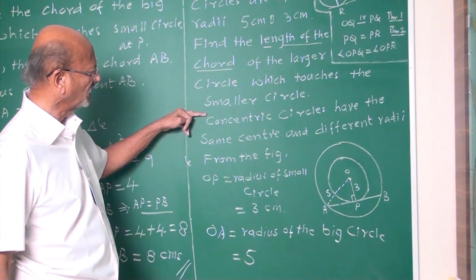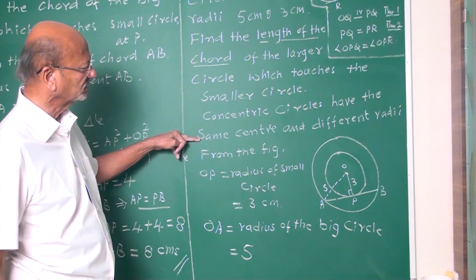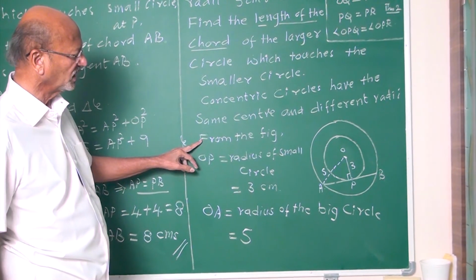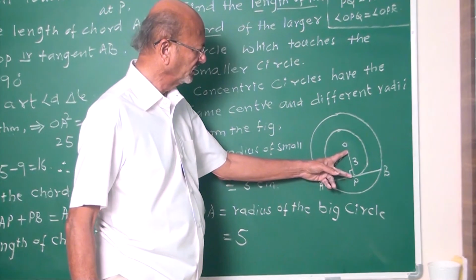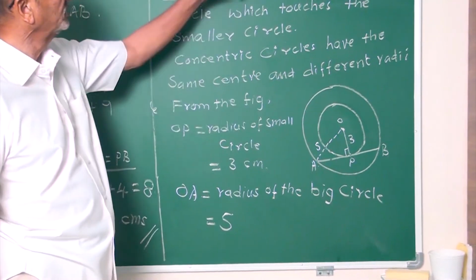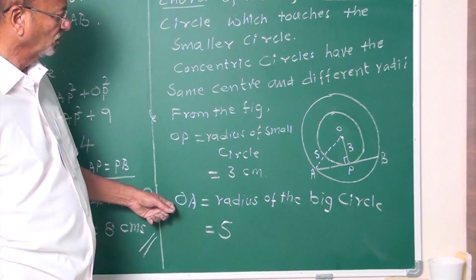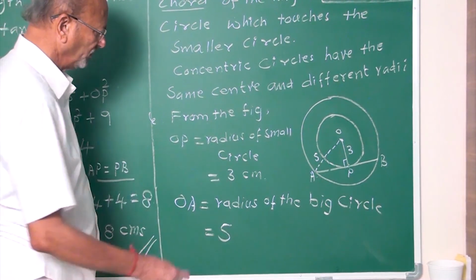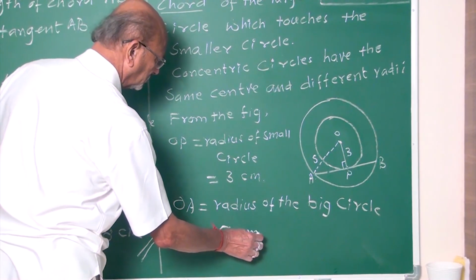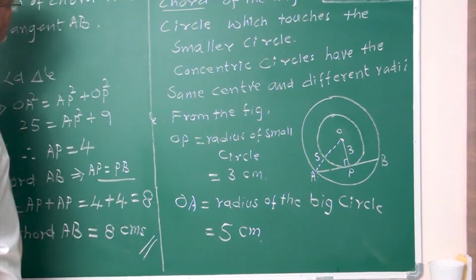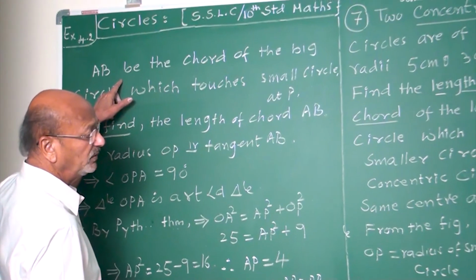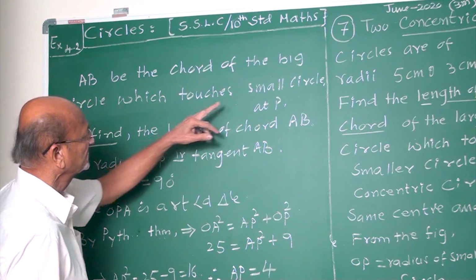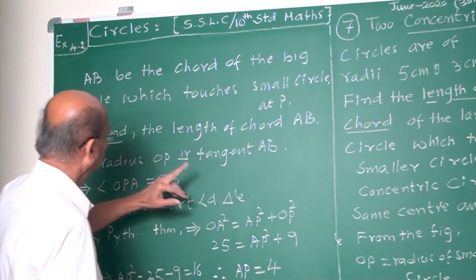From the figure we have OP, radius of the small circle, is 3. OA, radius of the bigger circle, is 5 centimeter. Let AB be the chord of the bigger circle which touches the small circle at P.